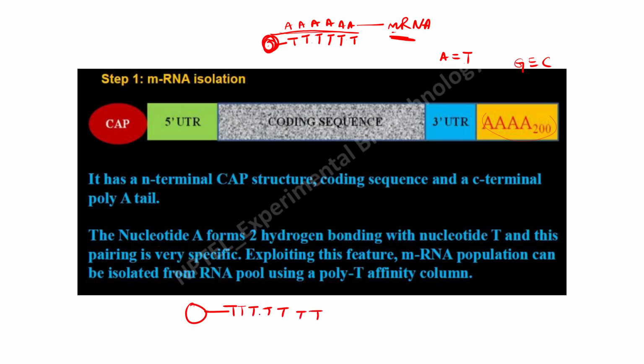Okay, so multiple T residues are attached like a tail, and this T residue will bind to the poly A tail of the mRNA, and then later we can break the hydrogen bonds to elute the purified mRNA from the affinity column. So this is a type of affinity chromatography. If you remember the sessions from the chromatography topic, you will understand how this is done.